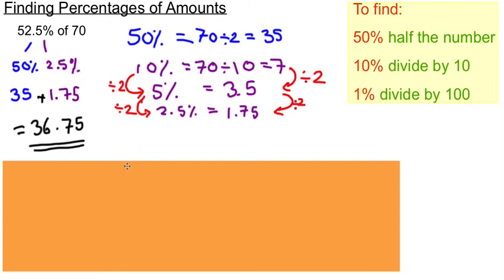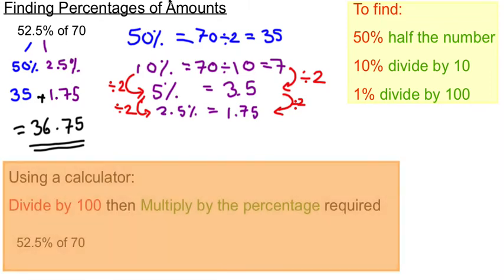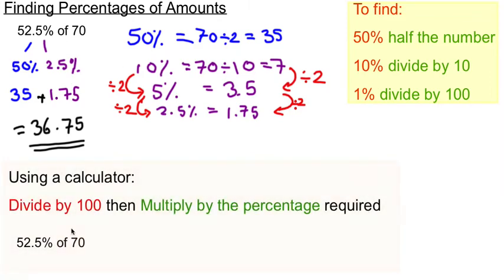Now, if we were to use a calculator, we could use a little trick. So if I look at the same problem again, but with a calculator, we can divide by 100 to work out the 1%, and then multiply by the percentage required. So in this instance, once I get to 1%, I multiply by 52.5 to get to 52.5%.